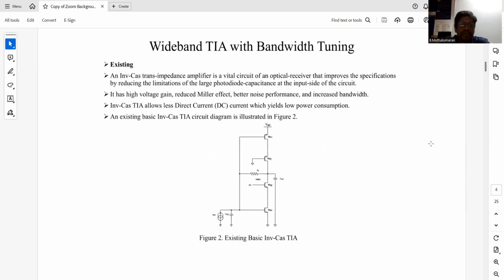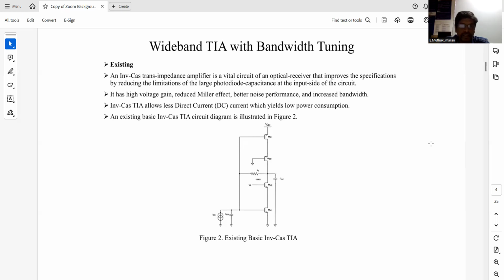In the wideband tuning amplifier, I have taken the existing inverter-cascode amplifier. This is the existing basic TIA. The inverter-cascode amplifier is used in many optical receiver circuits, and it has a high voltage gain, reduced Miller effect, and better noise performance over the bandwidth range.